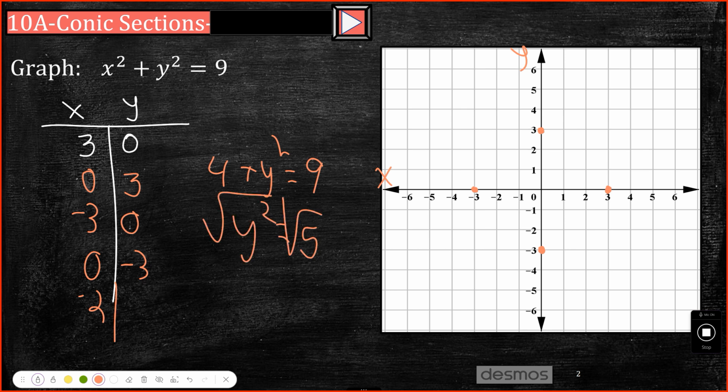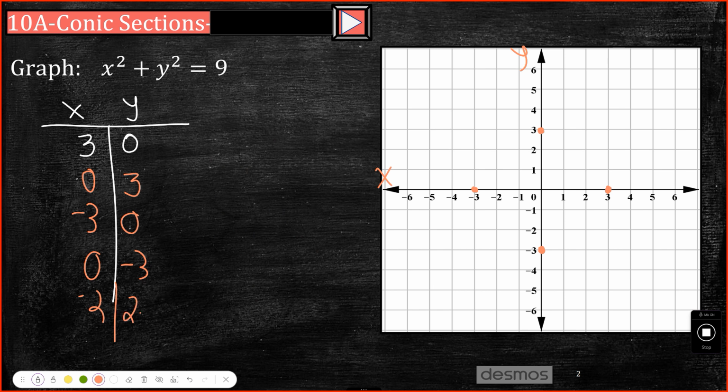Square root of 5. y equals, you guys all have calculators? What's the square root of 5? It's about 2.23.